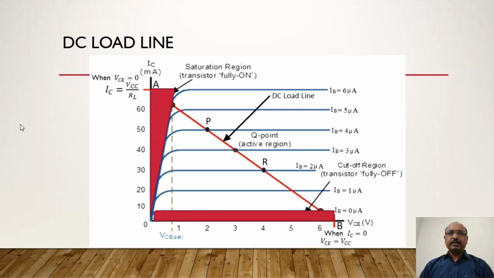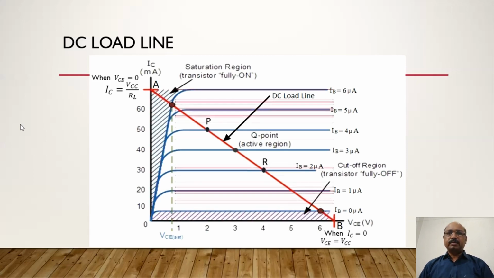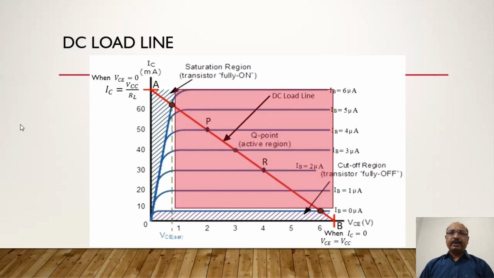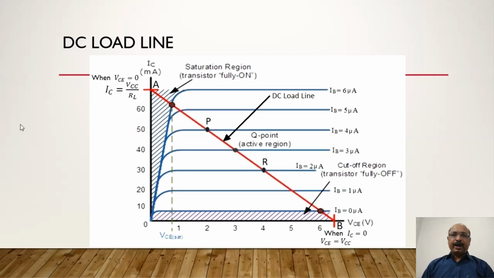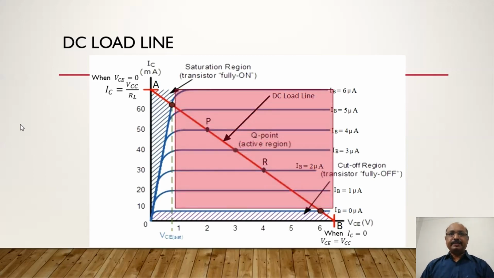In this region, the transistor is on and gives maximum current, called the saturation current. Now look, this region is the active region of the transistor. In this region, the operating point is located.